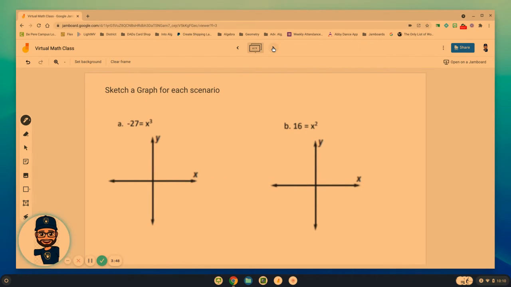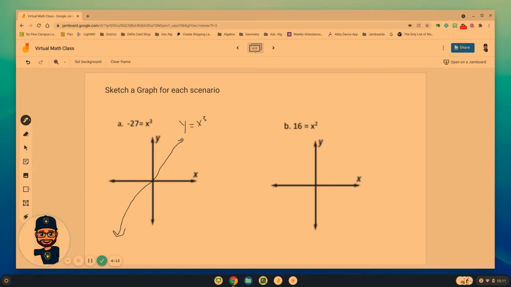That leads me to this slide where we're going to try and graph the scenario. x to the 3rd equals negative 27. If we graph both sides on the same graph, y equals x to the 3rd is a positive odd power, and we learned in one of our earlier chapters that it looks something like this.